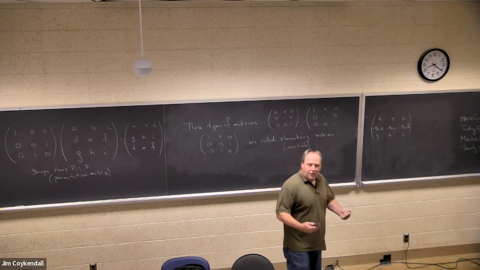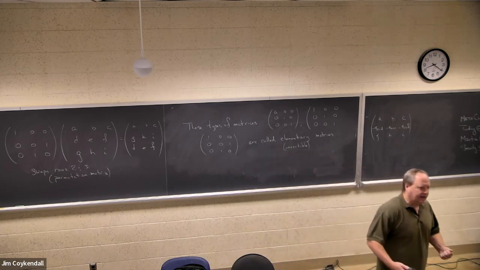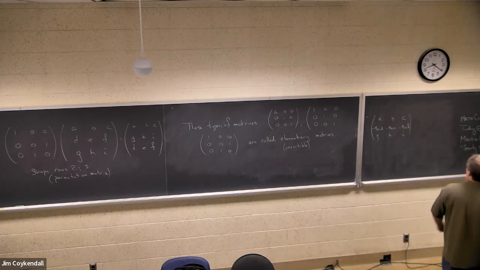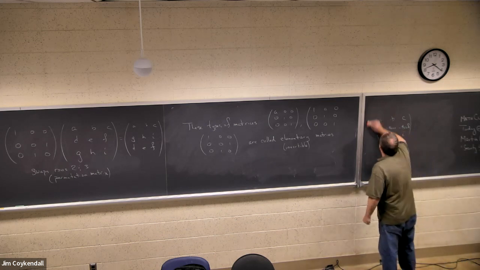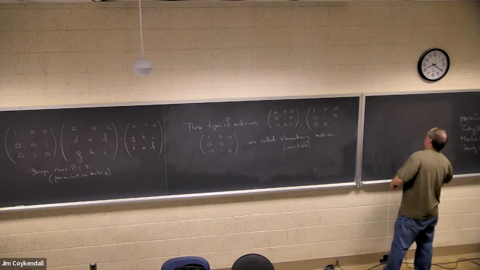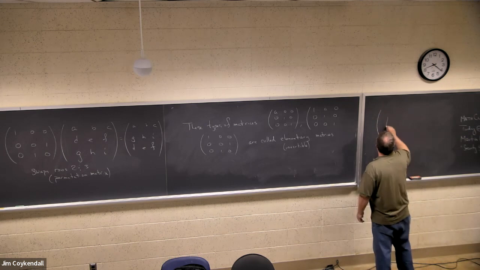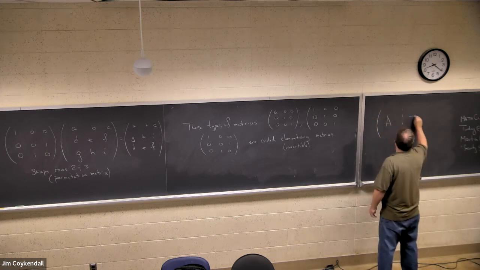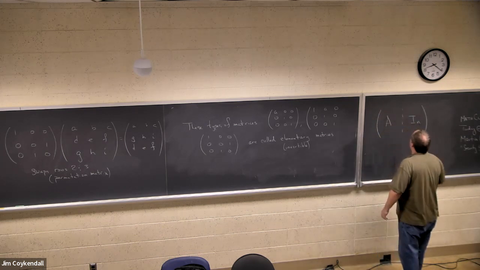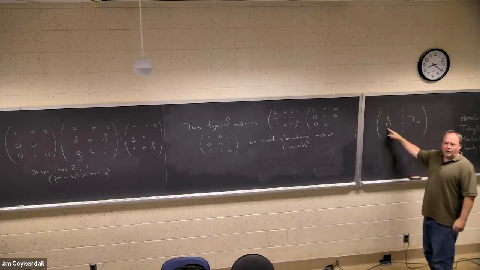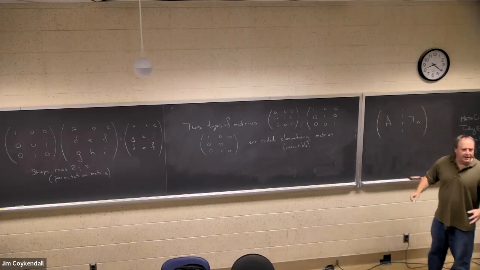Okay. Now, I've come full circle. Why does that little thing that we did to find the inverse work? Here's why. So what did we do? We started doing these little row operations on A, correct? We did it, we did it, we did it, we get the identity.